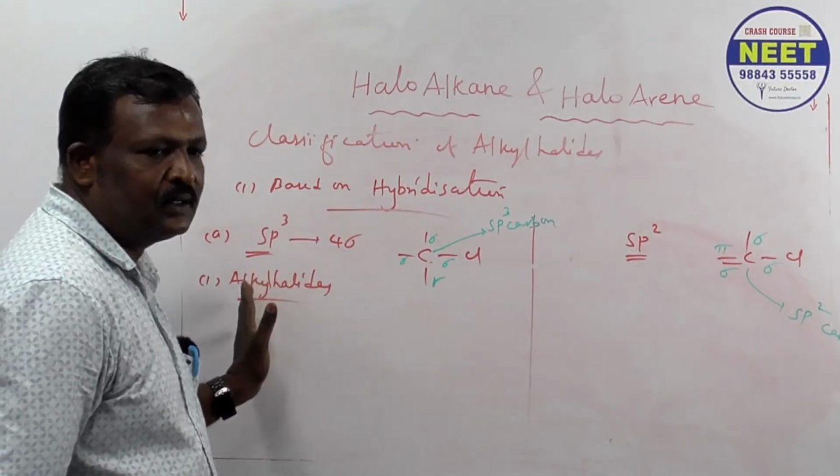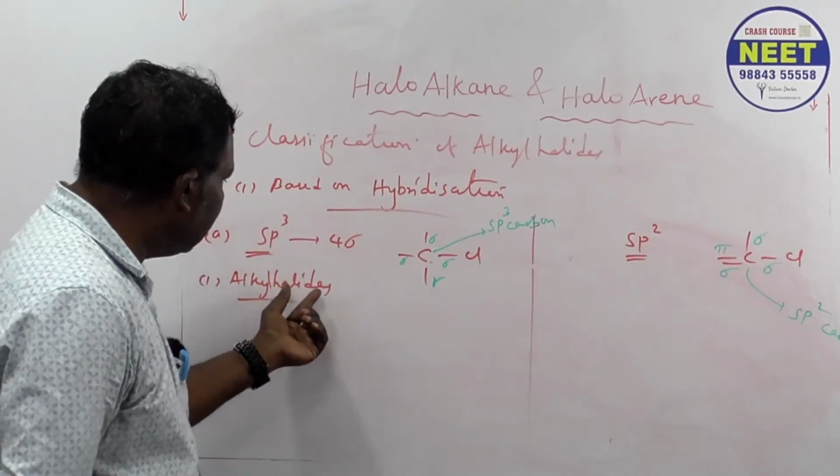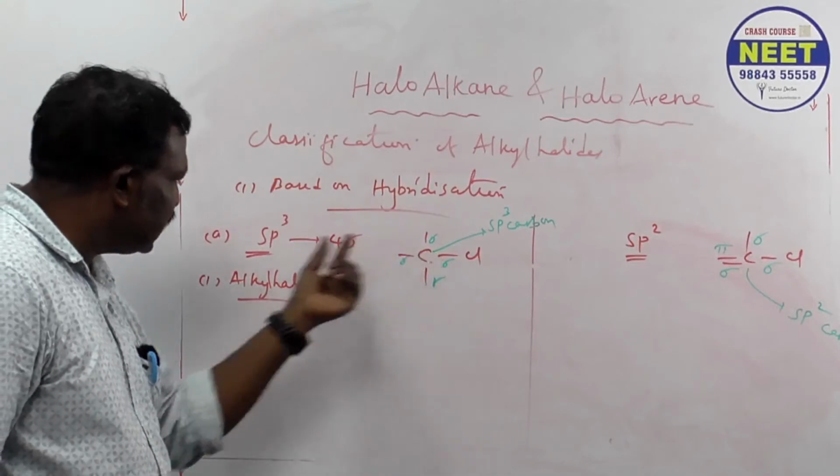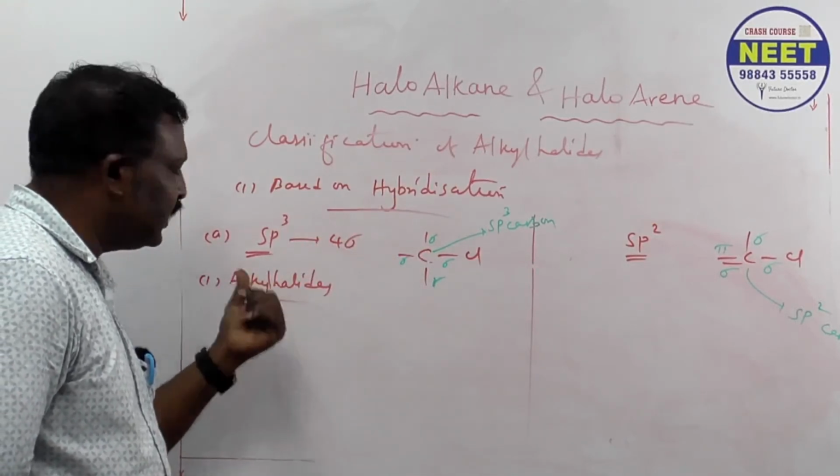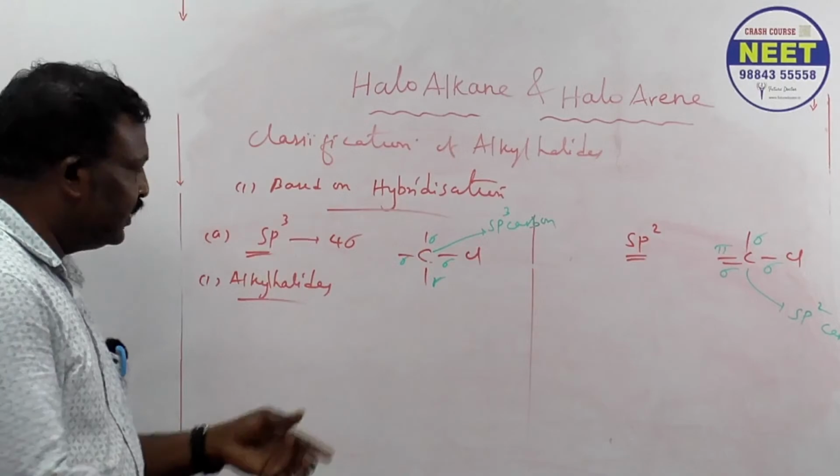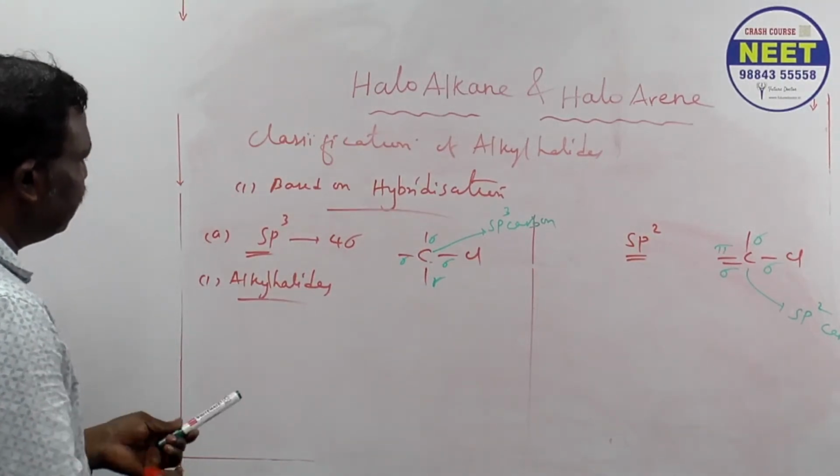That's why it's called alkyl halides. Correct or not? Halogens attached to sp3 carbon, which is attached to an alkyl group, then it's called alkyl halide. Are you following? Okay. You can give these examples.